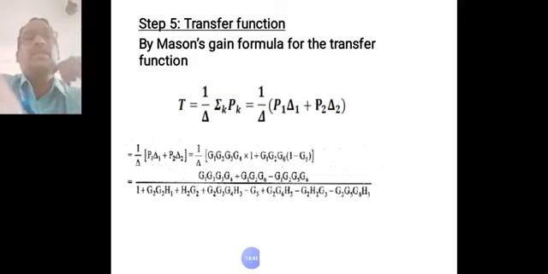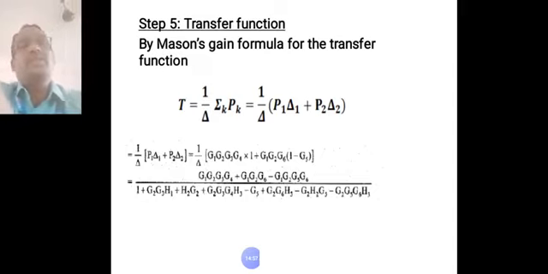So this can be written as 1 by del times P1 del 1 plus P2 del 2. P1 is the gain of the first forward path, and P2 is the gain of the second forward path, which we have already found in the first step. By substituting these values and simplifying, we get the overall transfer function of the given signal flow graph.